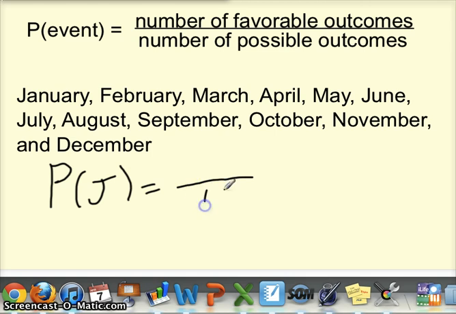There are 12 months, so the possible outcomes, or the denominator, has to be 12. For the favorable outcomes, January starts with the letter J, so does July, and so does June. So we've got three favorable outcomes out of a total of 12. If I simplify that fraction, I get 1/4.